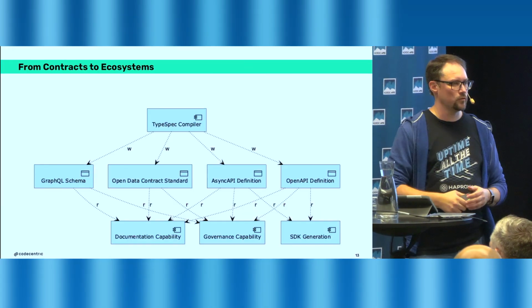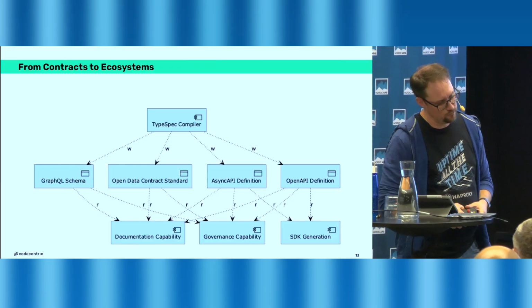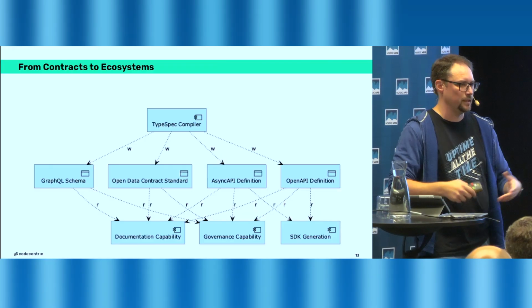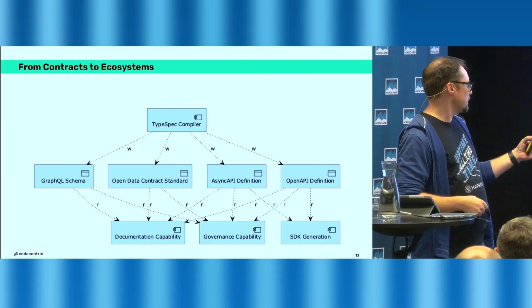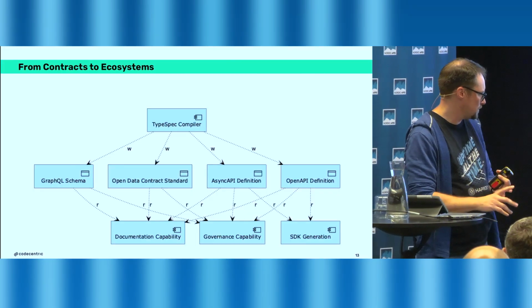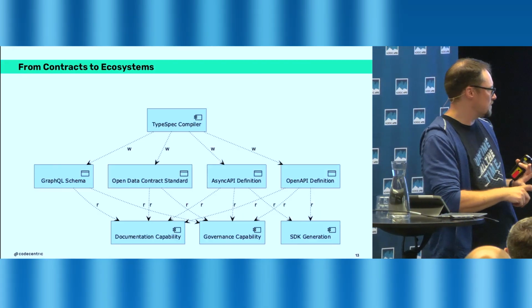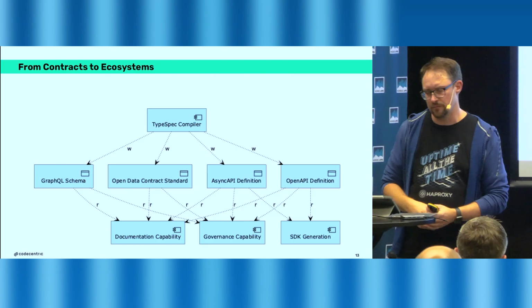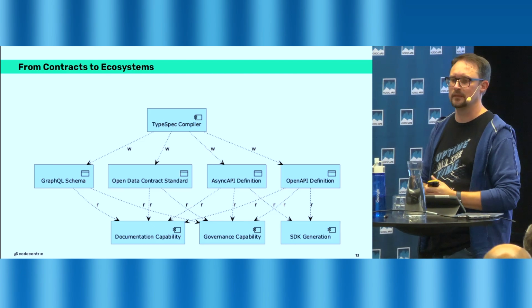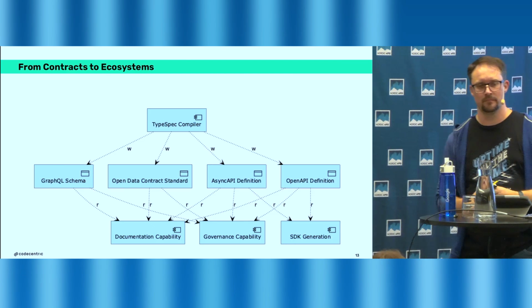It would also be good if it could be described with Typespec or used by Typespec at some level. And with this, we are able to fill in documentation capabilities, governance capabilities, and also go into the idea of SDK generation, because it's still needed, because people are looking for it.